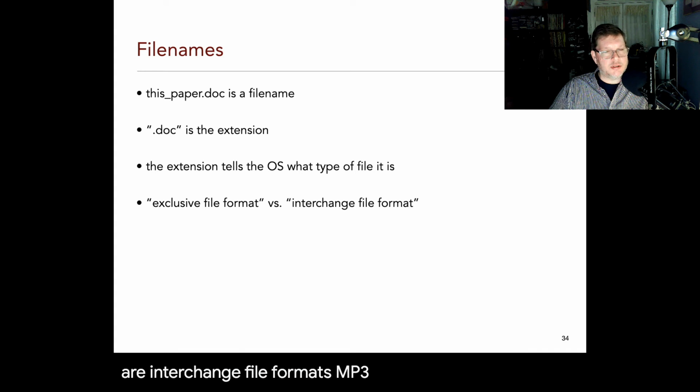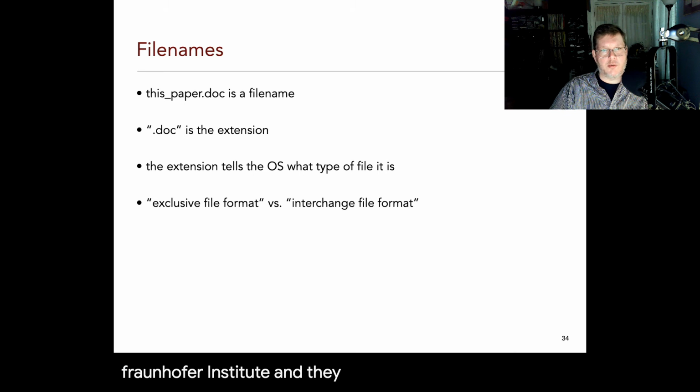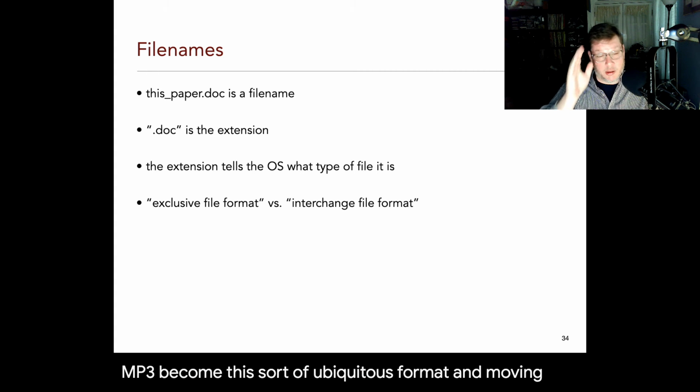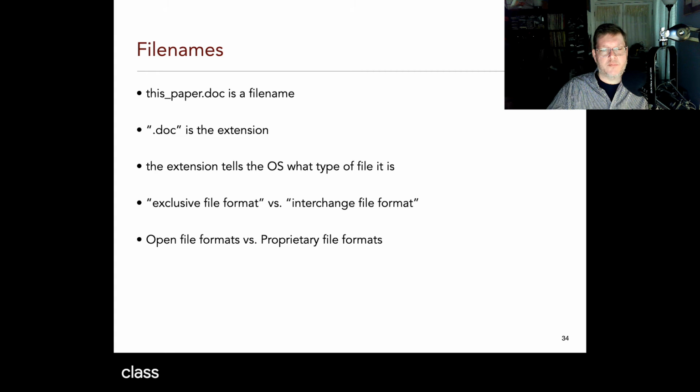MP3, interestingly, was an exclusive file format in that it's owned by the Fraunhofer Institute, and they charged a royalty to use it, but they did it in a way that was interesting, that still like let the MP3 become this sort of ubiquitous format. And that's another thing we'll talk about more later in the class.